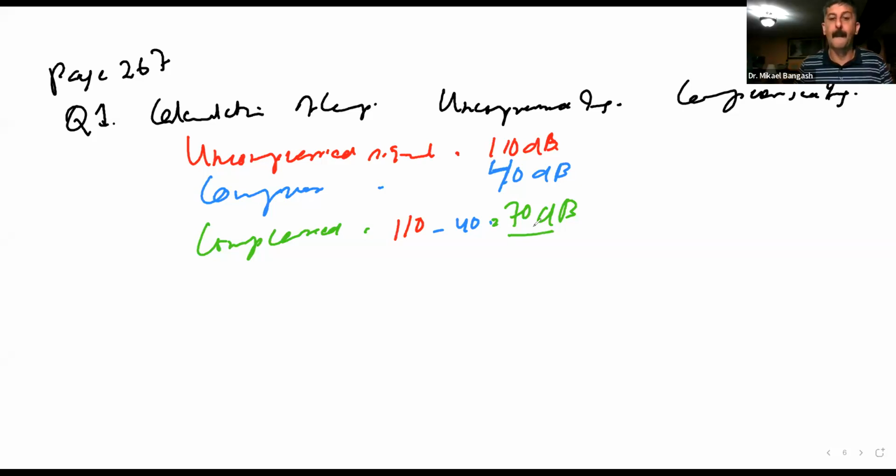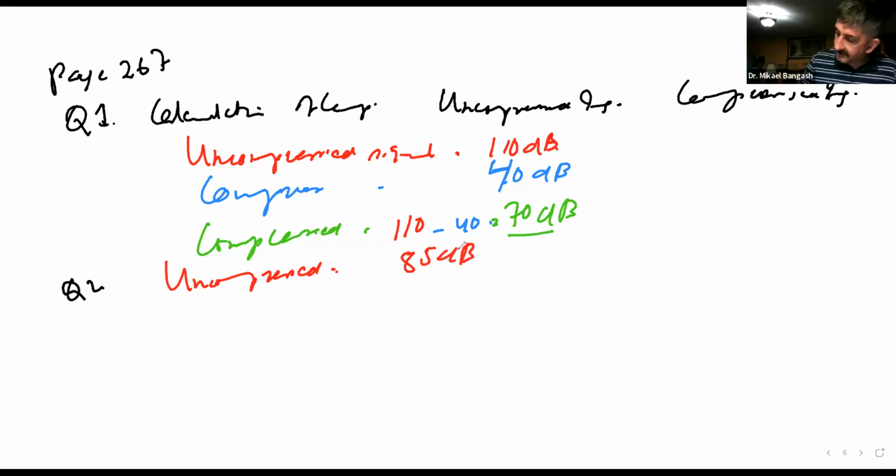Did that make sense? Let's go on to the next question. An uncompressed signal also has a dynamic range of 85 decibels. So again, the uncompressed signal was 85 decibels.